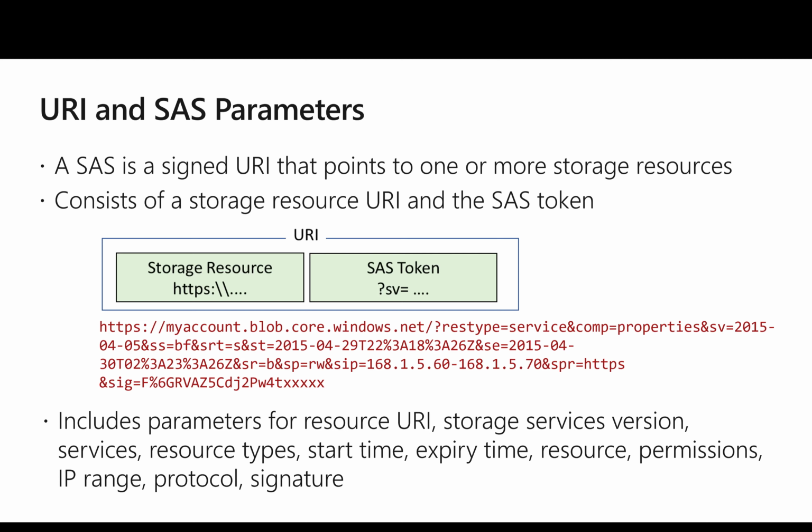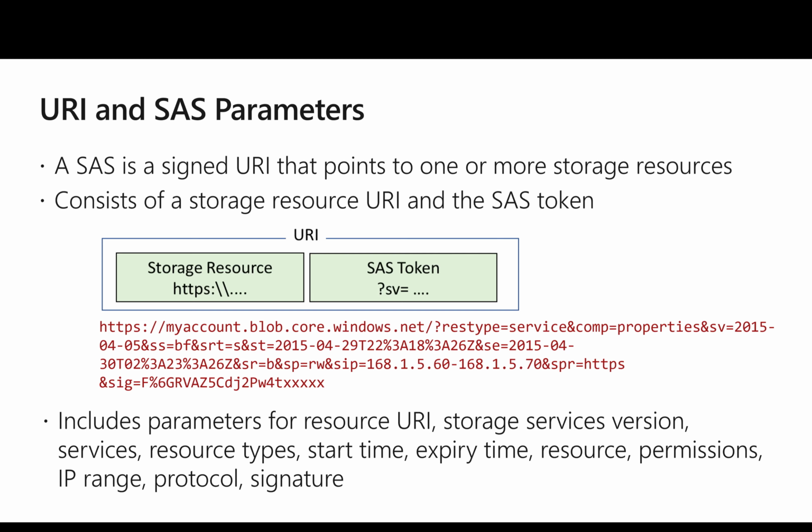And there are additional parameters like service, version, and what are all the permissions available, and what are the resource types we can use, what is the start time, expiry time of the SAS URL, and what are the permissions which we need to use, and if we want to restrict some of the IPs, what are those IP ranges, and the protocol versions, whether we need to allow HTTPS or HTTP as well, and finally a signature generated.